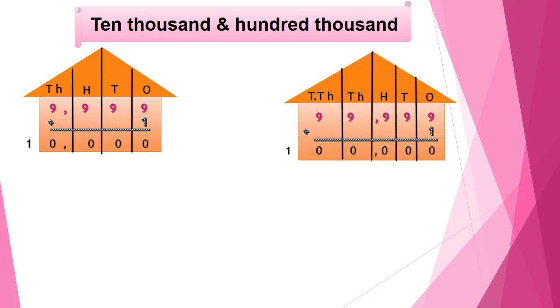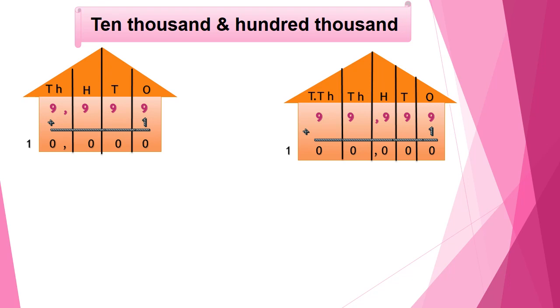We need a bigger house, and this is our new house. It contains 5 rooms for the 5 digits. Our rooms are ones, tens, hundreds, thousands, and the new room, 10,000.